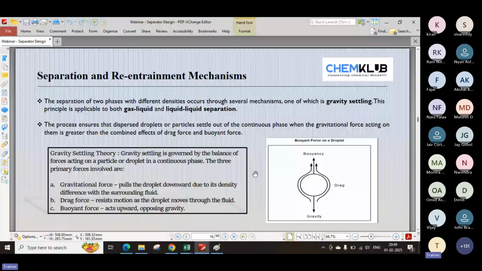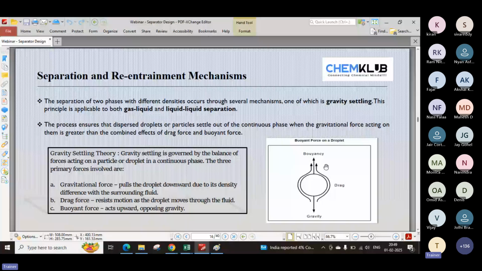So this is called gravity settling. Here you have a buoyancy force which is carrying the particle, asking it to come together with the gas. But there is a resistance to the flow when it is trying to go upward or downward.